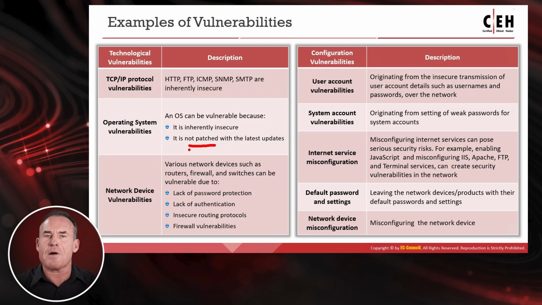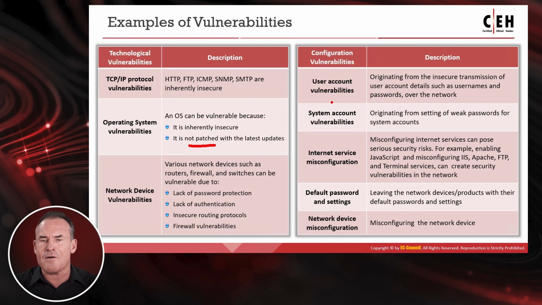But you're supposed to keep up on your patches, and before you deploy them, you have to adequately test them. So we're typically always behind the curve a bit on what patches are available and how quickly they're actually being applied. Network device vulnerabilities, lack of password protection, authentication, insecure protocols.